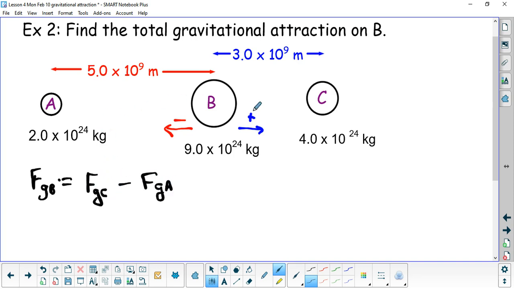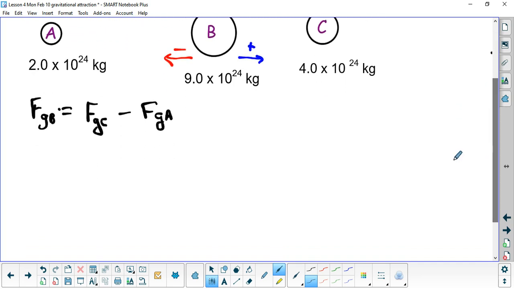That's basically this force of gravity and this force of gravity. I've made the right positive and the left negative. So when I go to put my numbers in, I'm going to find the overall force on B, and I need to now change this into the equation.